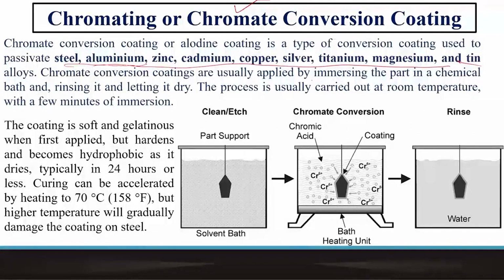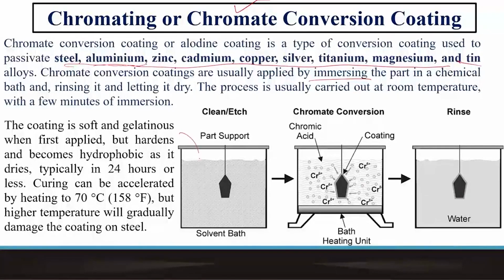Here again we have to immerse the component, because we have an aqueous or fluid bath, and we allow the component to stay for a while. So you dip in chromic acid and hold for a while. There could be agitation or circulation, or it could be a still bath, and then you withdraw.